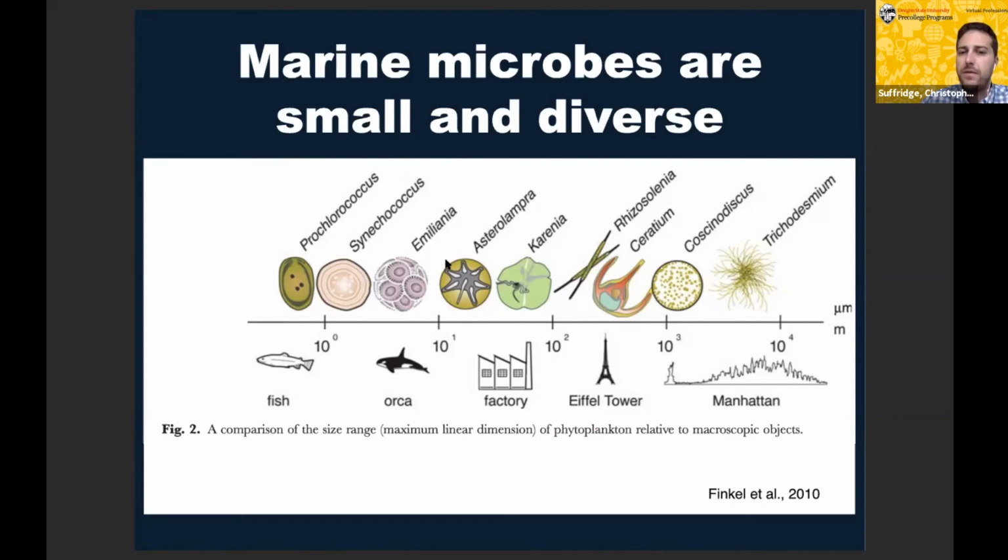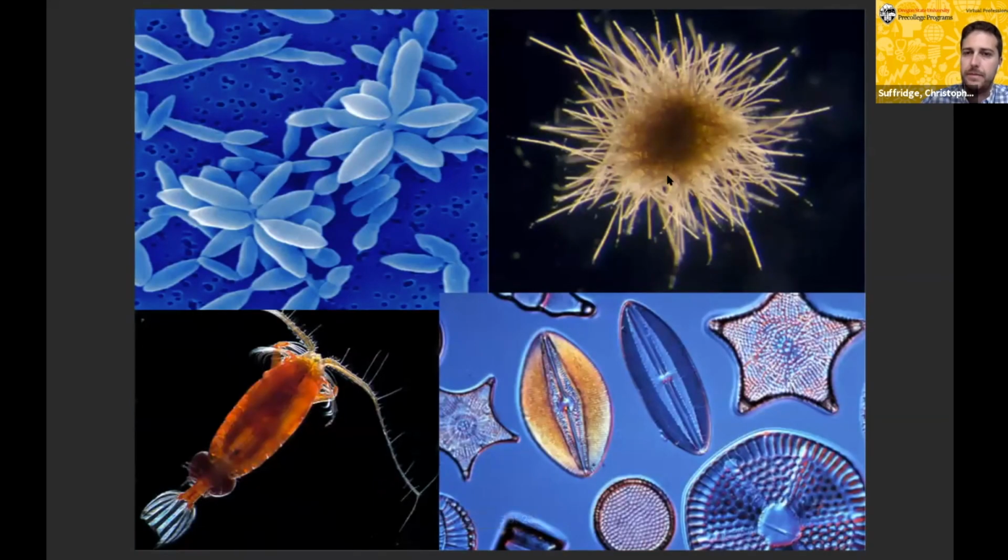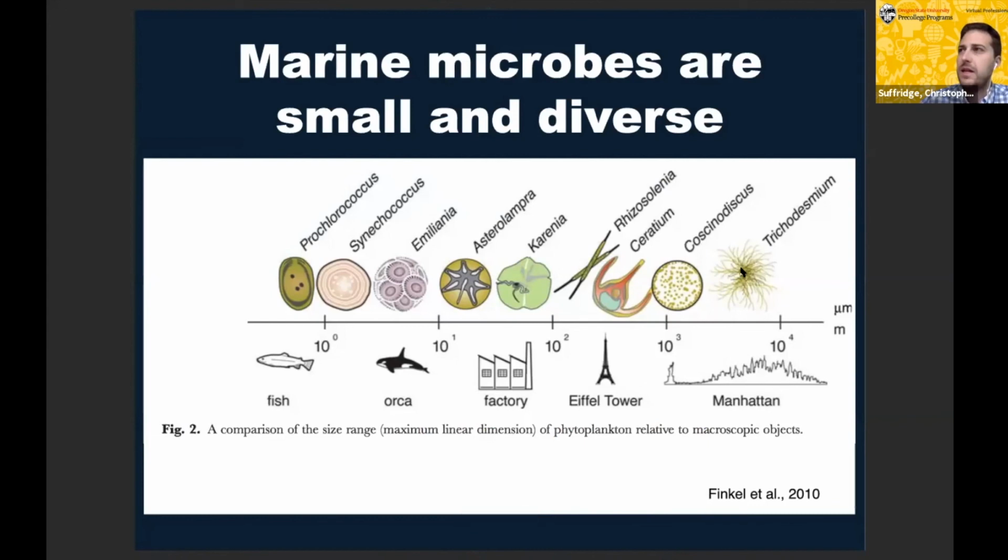And then up here we have Trichodesmium, which I showed you in the previous slide. The difference in size between Trichodesmium and Prochlorococcus is the same as the difference in size between the entire borough of Manhattan versus a fish. So there are massive differences in the sizes of these organisms, even though they're all very, very small, which I think is really interesting and kind of cool.